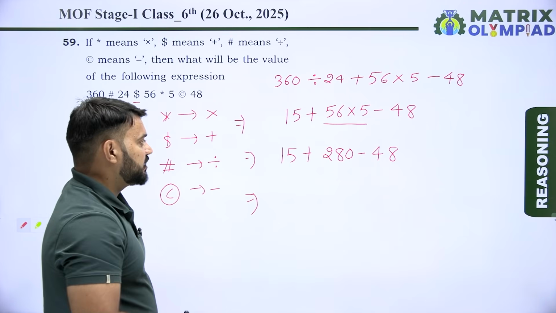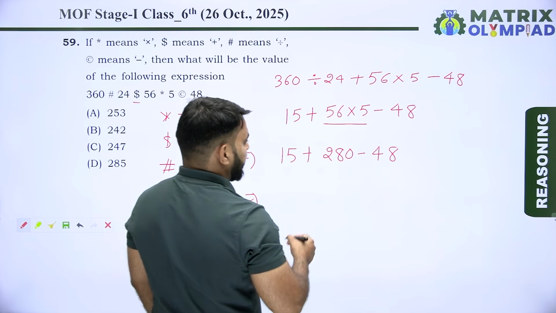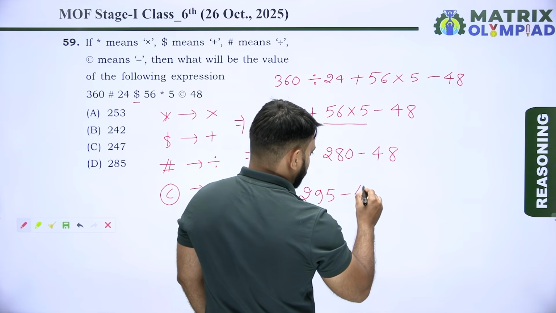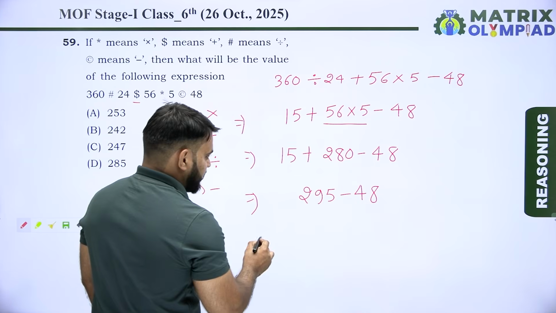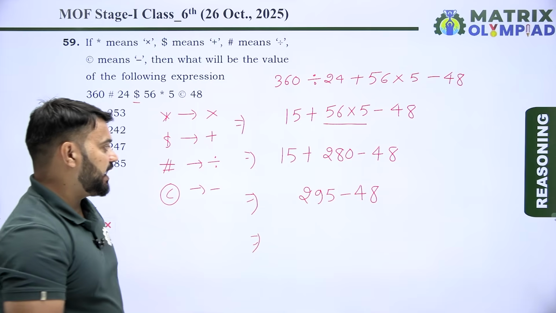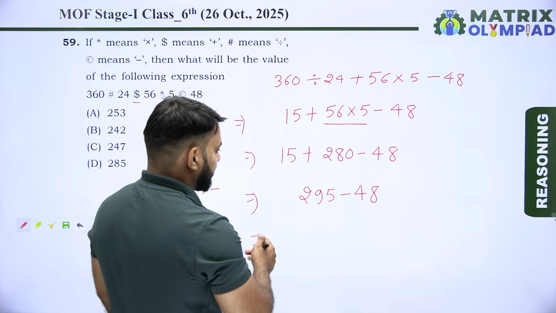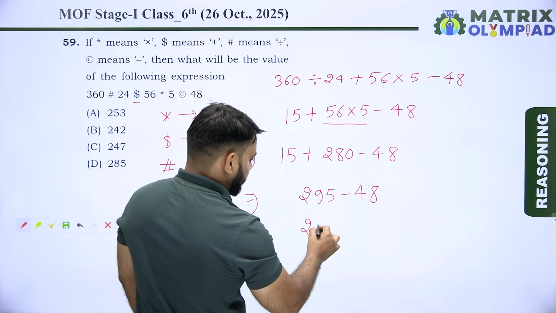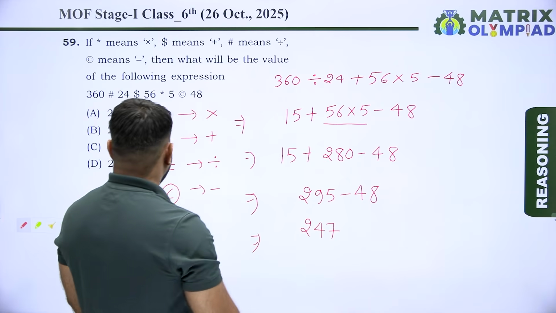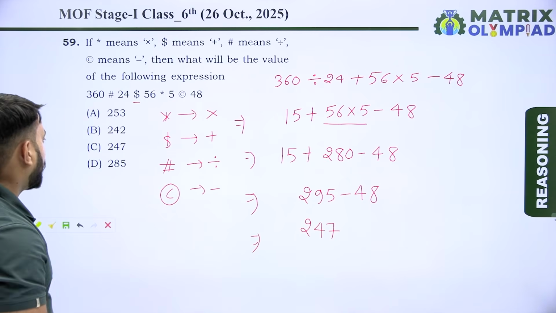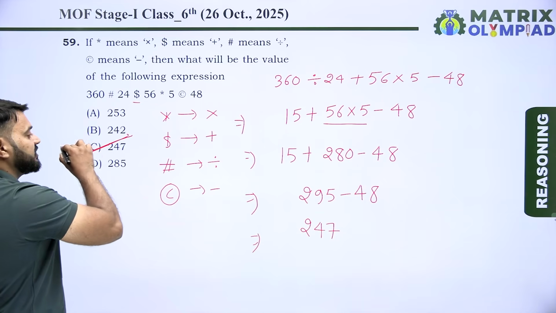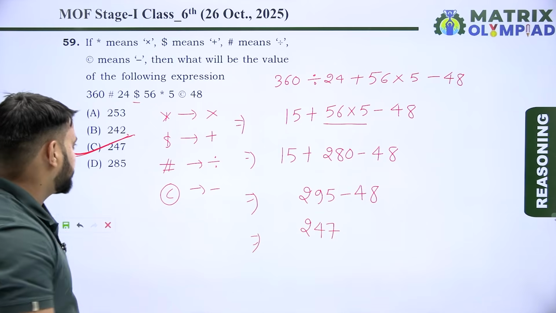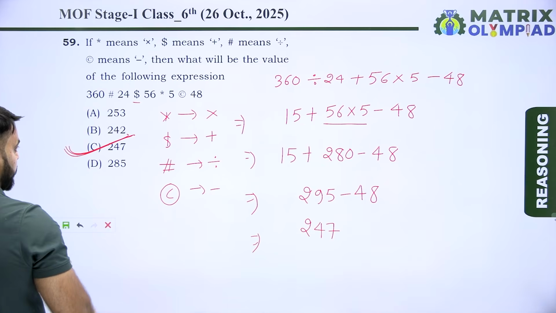Now add the numbers. 15 plus 280 means 295, minus 48. 295 minus 48 means 247. So 247 means option C is the correct answer of this question. So here option C is the correct answer. Let's move on to the next question.